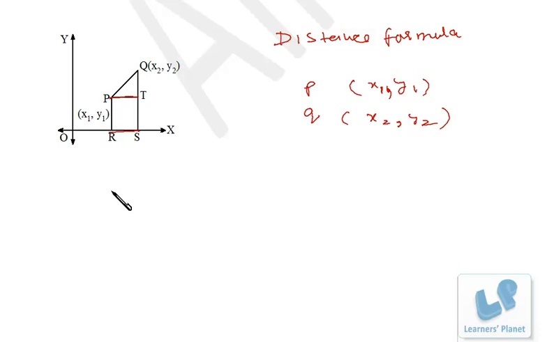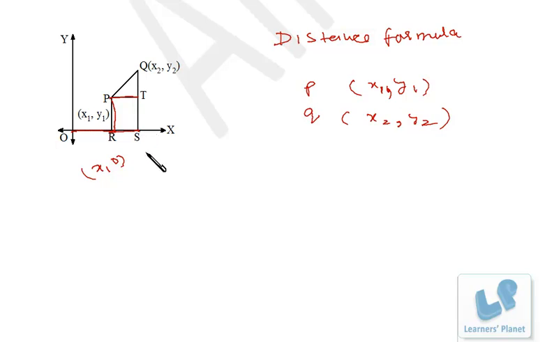Now on a coordinate system, what exactly happens is, see, the coordinate of P is x1 and y1. That means x1 is this distance and y1 is this distance, right? That means the coordinates of R will be what? x1 and 0, right? Similarly, the coordinate of S will be what? See, this complete distance from O to S is x2, right?